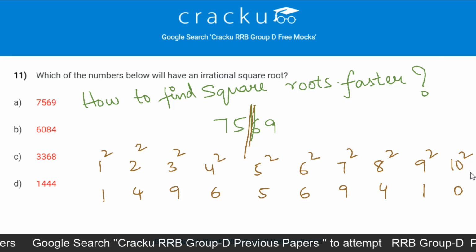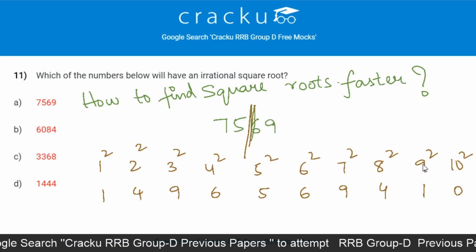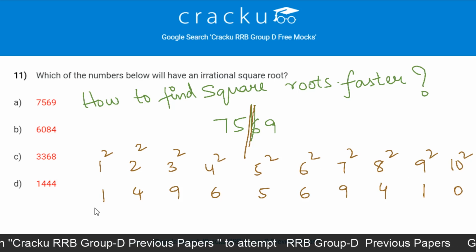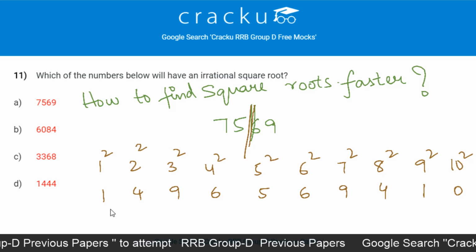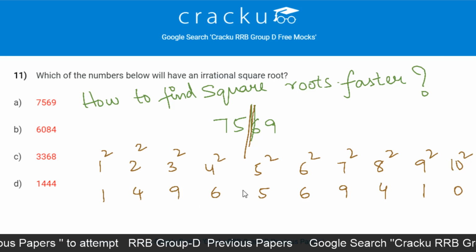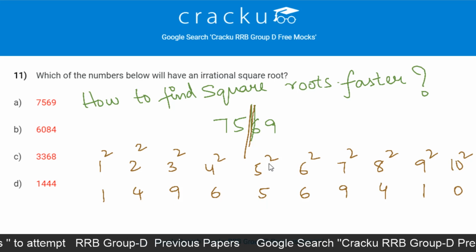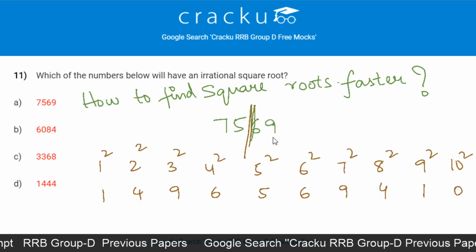So for any of the squares, the end digit should be one of these, that is 1, 4, 9, 6 or 5. If you see, here the end digit is 9.